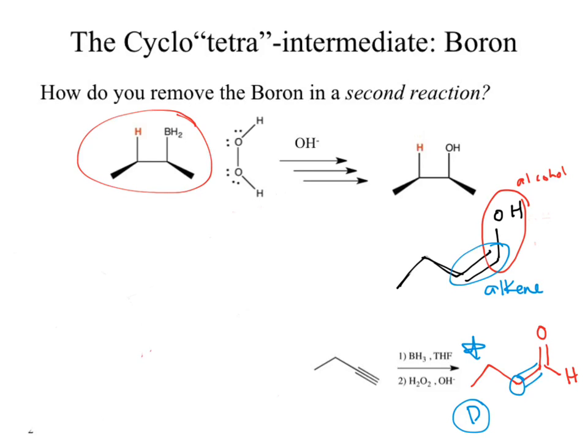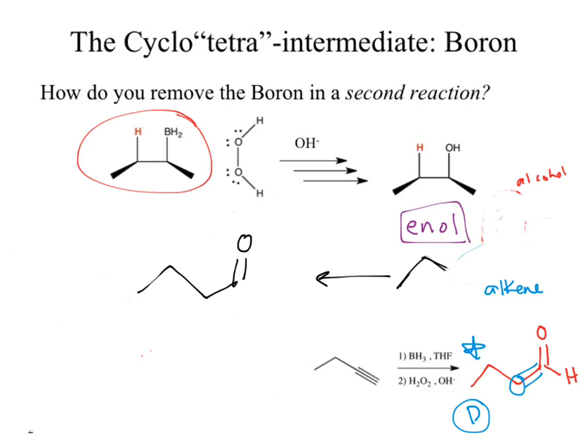That child of a functional group is known as the enol. Okay. The enol tautomerizes through a sequence of hydrogen transfers to become the carbonyl. Okay. In a very crude mechanism. Oh shoot, I'll just redraw all that.